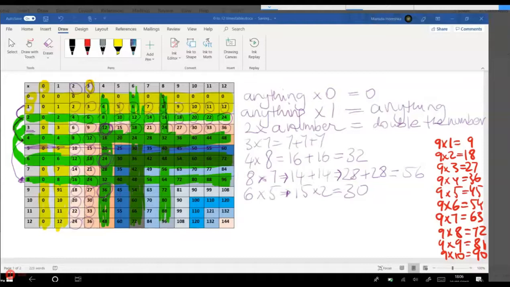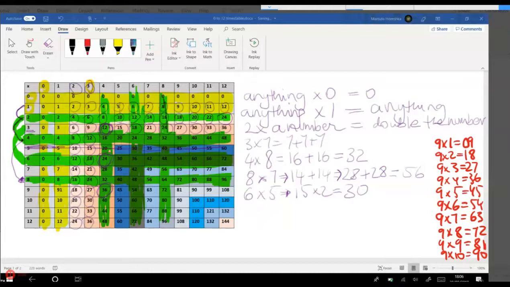But when it comes to finding a random timetable within the nines, let's say you want to work out what is 9 times 6. If you look at the digits within the answers, the first one is 9, so I can put a 0 in front, because there are 0 tens, just for showing this to you.